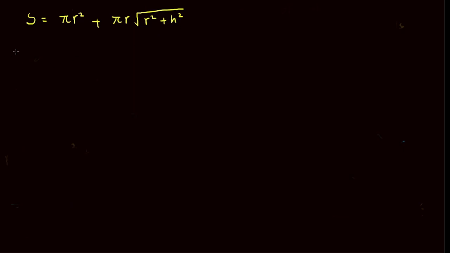They wanted to find del S del T at the point when r is equivalent to 3 and h is equivalent to 5. Is that correct? Oh, sorry, h is actually equivalent to 4. My apologies.